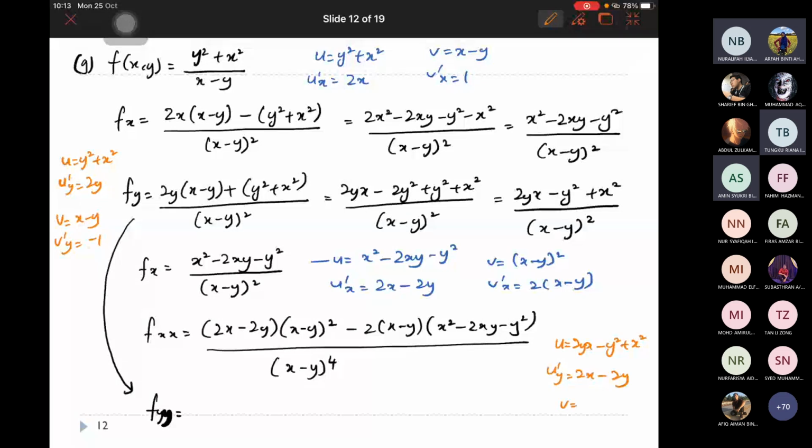And v equal to (x minus y) squared, v prime y is 2(x minus y) to the power negative 1.